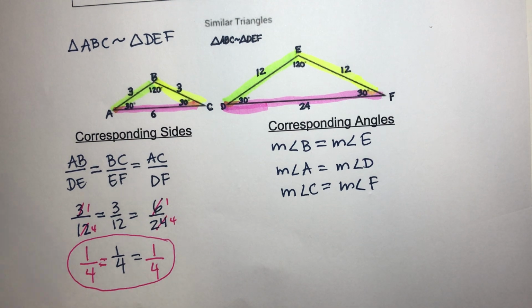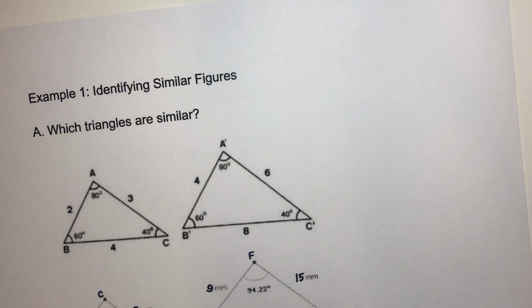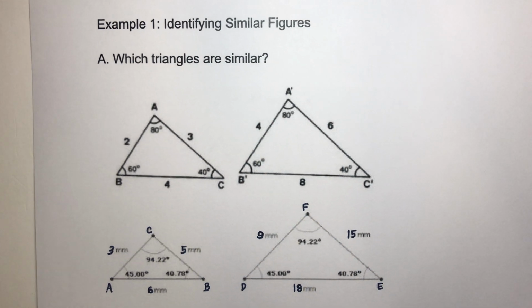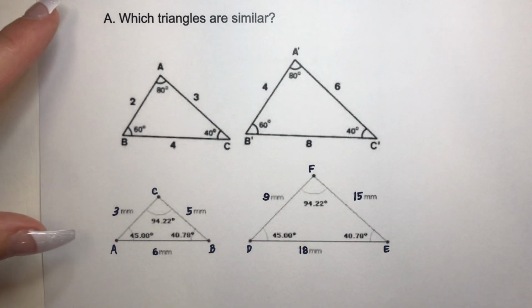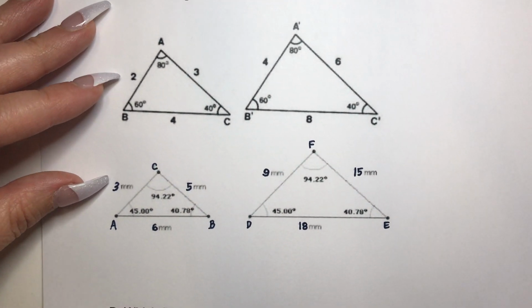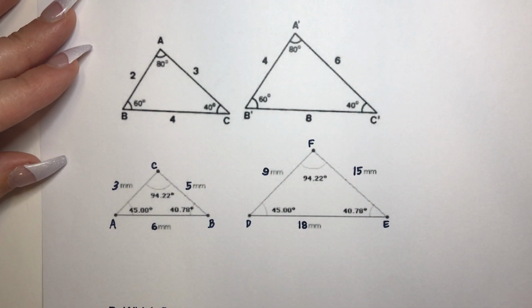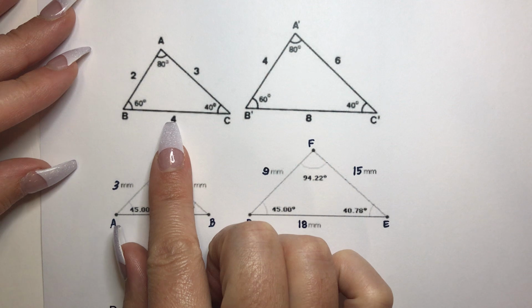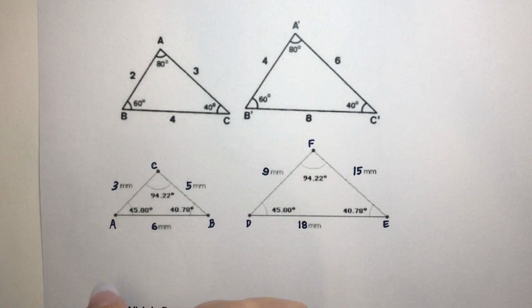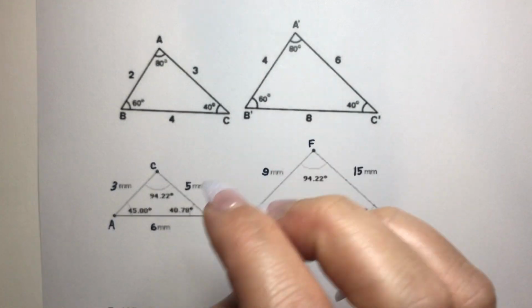Okay, so this first example here, what we're going to be doing is identifying similar figures. So which triangles are similar, all right? So just looking at this, I think the easiest thing to see are the ones that have the same angle measures, right?